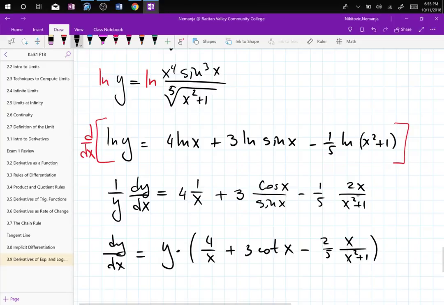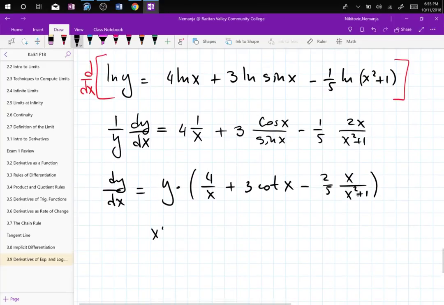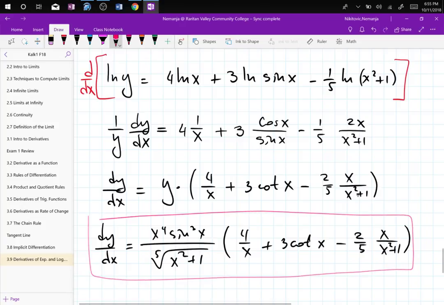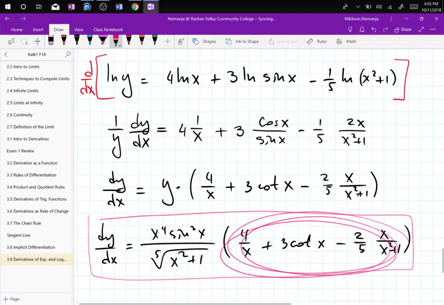And now write in what y is, which is x to the 4 sine cubed of x divided by the 5th root of x squared plus 1, times 4 over x plus 3 cotangent x minus 2/5 x over x squared plus 1. That's the derivative. Is it in factored form? Sure it is. That's factors in a pile, and this cannot be simplified any further. That's it.